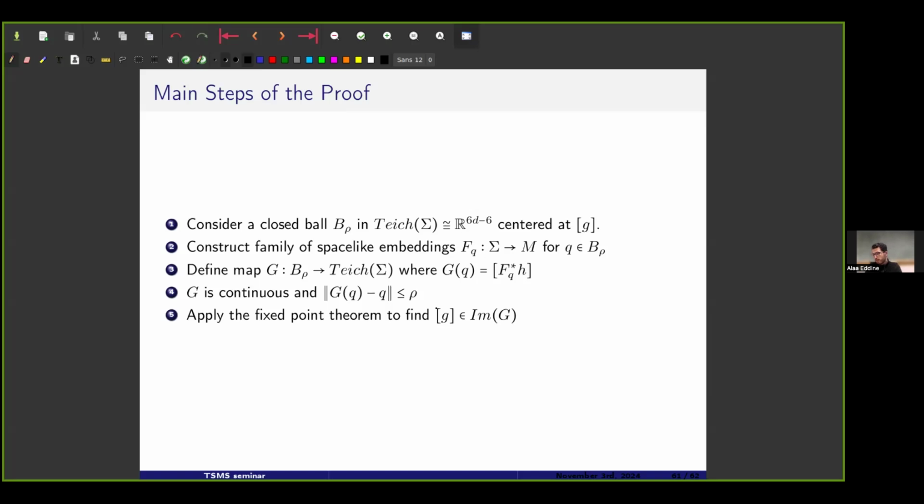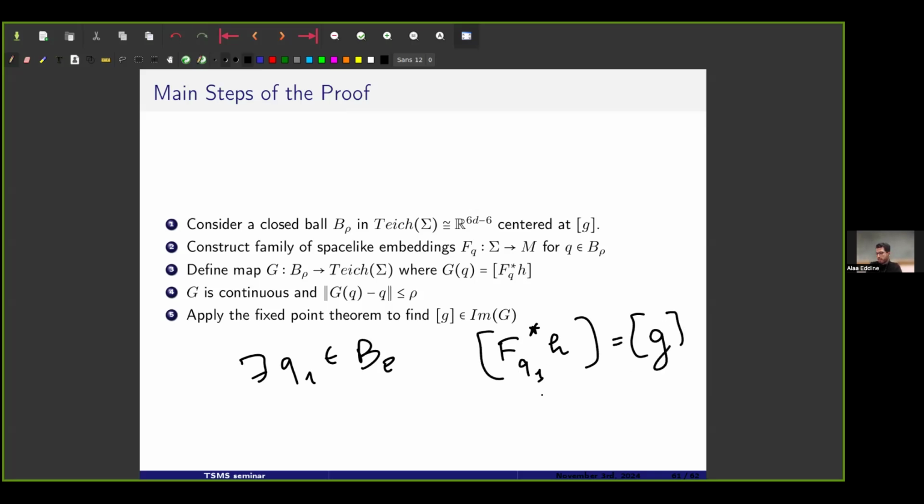So the conformal class of G is realized by some embedding in this family. So there exists some Q1 in the closed ball such that if you take the induced metric by FQ1, its conformal class will be the same as G. And this means exactly that FQ1 is a conformal embedding of the metric G.